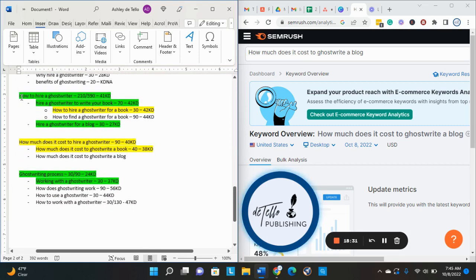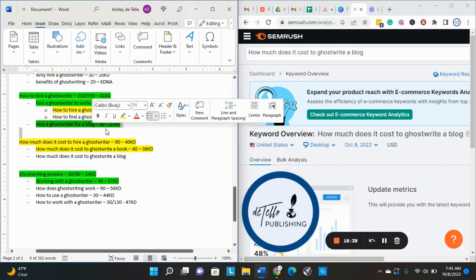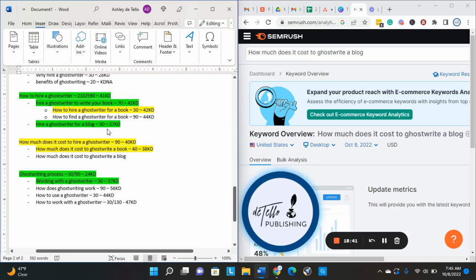And then how to hire a ghostwriter, and more specifically, how to hire a ghostwriter for your book, and hire a ghostwriter for a blog. So those different things, and there are other keywords that I want to hit in there as I'm writing. So I have those as notes, like, talk about how to hire a ghostwriter for a book versus hire a ghostwriter to write your book. Just different phrasing. Those are ideas of how to phrase different sentences as you're writing.